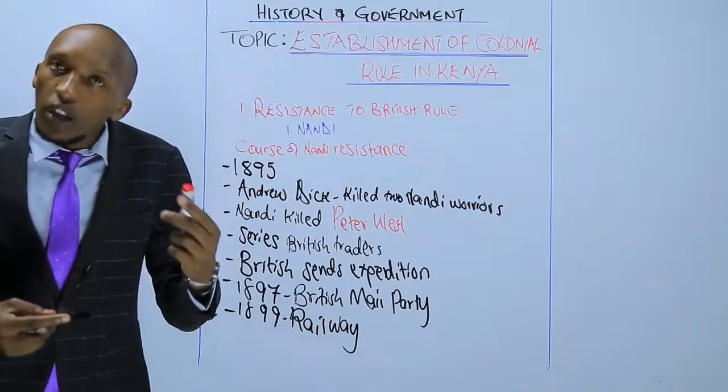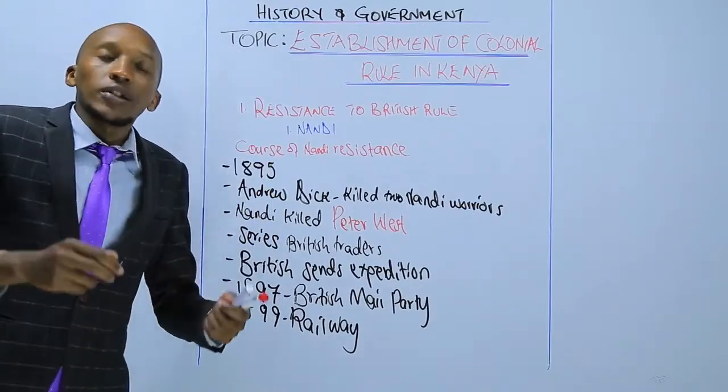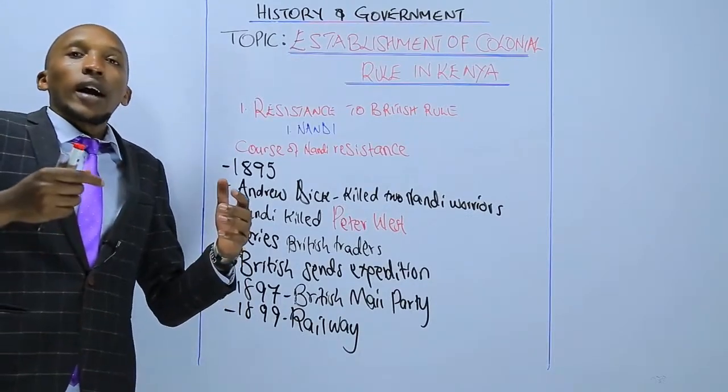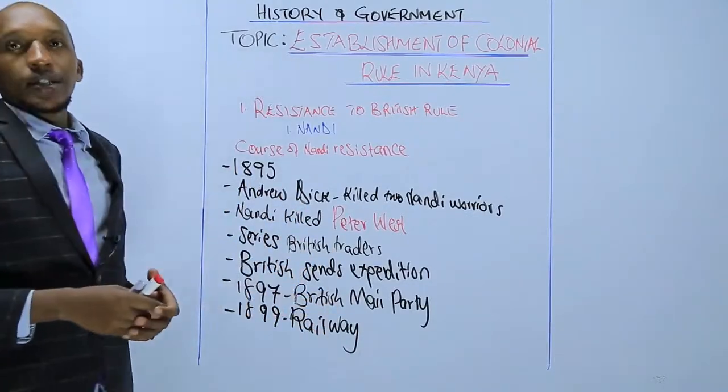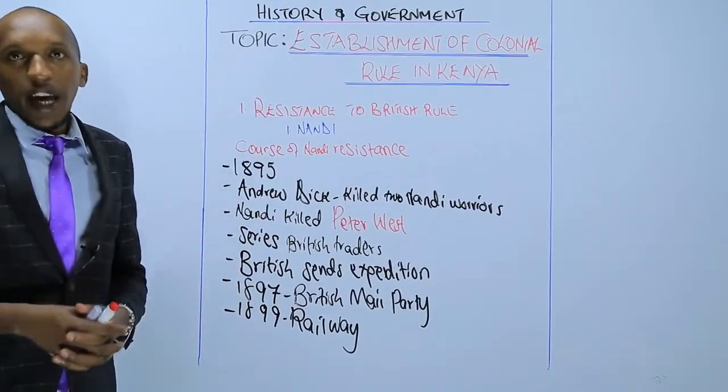Remember, in Kimnyole's prophecy, as I mentioned earlier, the prophet had seen an iron snake. He had seen a very big snake coming into the land of the Nandi.